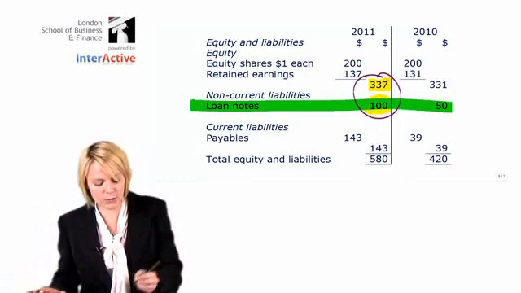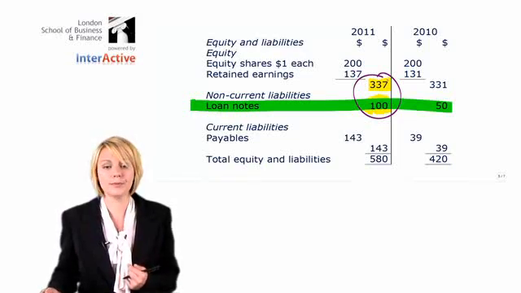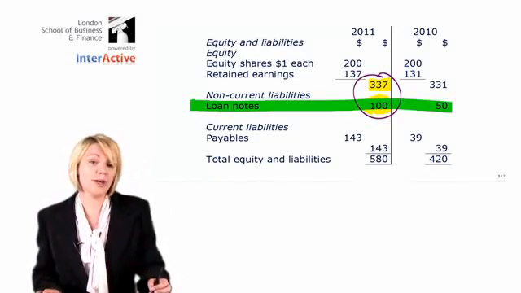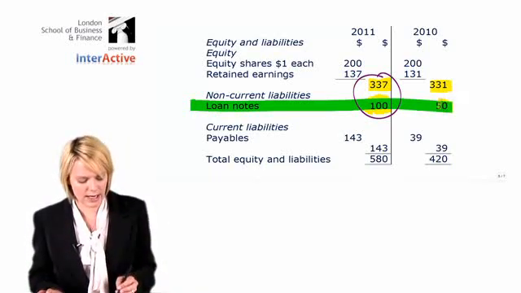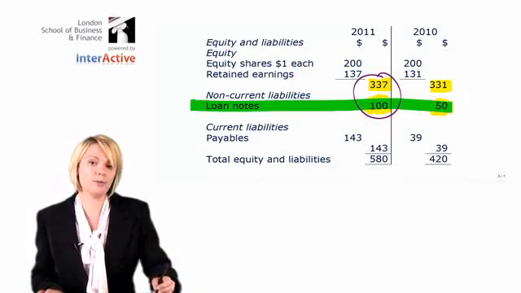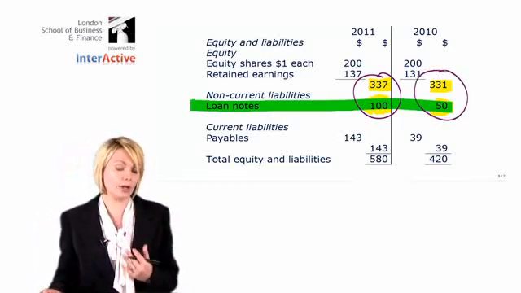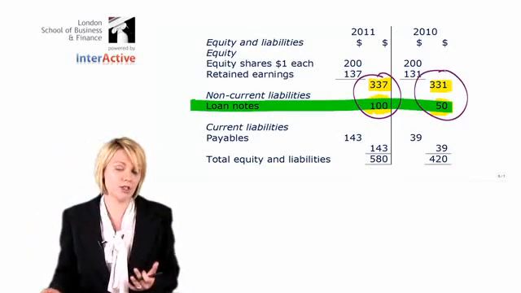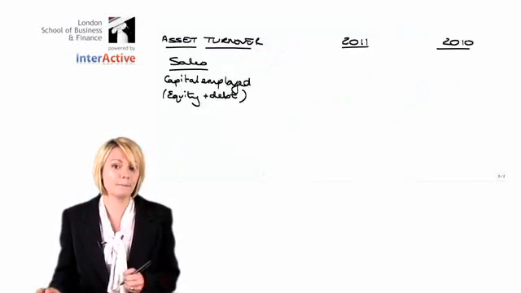So those two together would give you the capital employed, which would of course be 437. And for 2010, equity was 331 and then 50 in terms of long-term borrowing. So that will give us 381 capital employed that will go as the denominator for asset turnover ratio in 2010.